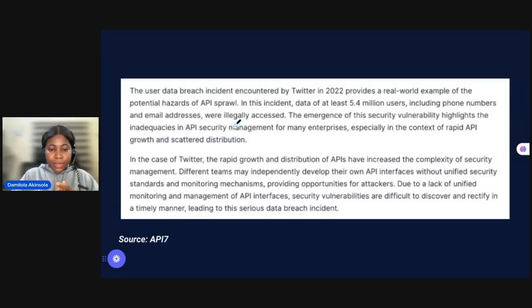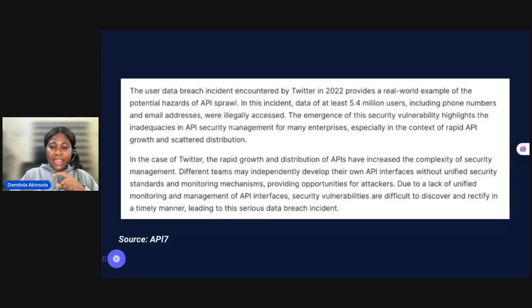How did it happen? They had a growing, scattered API ecosystem, which made it nearly impossible to enforce consistent security standards across all their endpoints. Attackers exploited the fragmentation, and security slipped through the gaps.